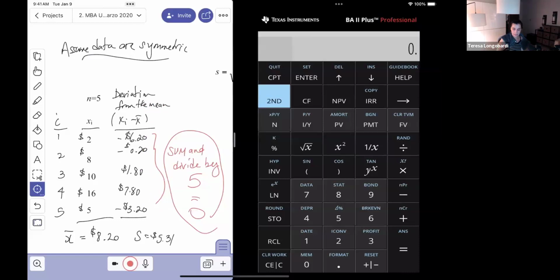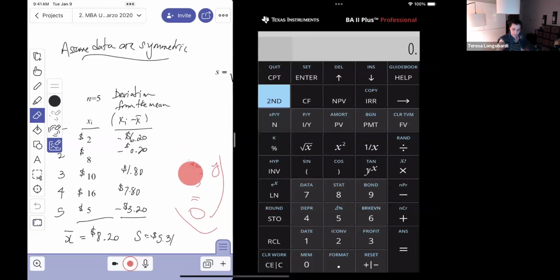The problem is the negative signs. I don't really care if I'm above the mean or below the mean. What I care about is the magnitude of the difference from the mean each way. So I really just want to get rid of the sign and then divide by 5. Statisticians developed a whole bunch of statistics doing that, but instead, to get rid of the negative, what they did is square.